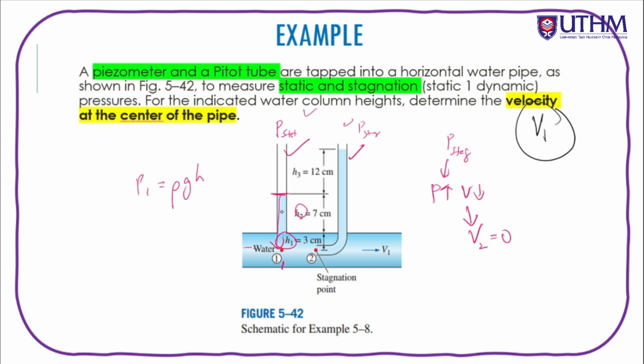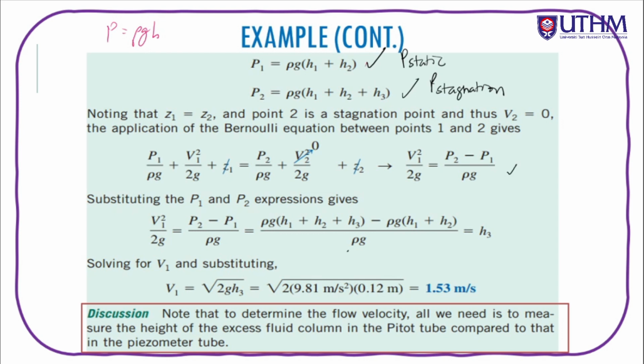So this is the ketinggian H1 plus H2. Okay, so at position P2 pula adalah rho G, H1 plus H2 plus H3. So kalau kita nak tahu sebenarnya sini adalah P static dia. Okay, so kita dapat kat sini P static equals to this and P stagnation equals to this.